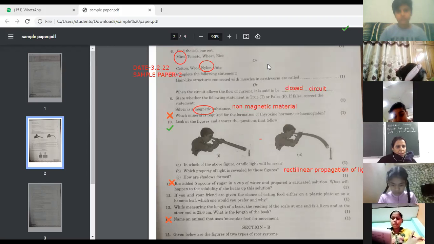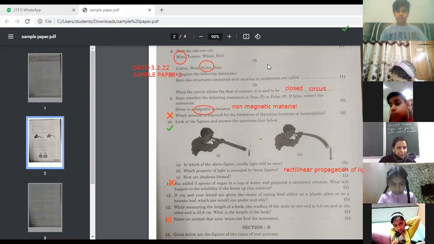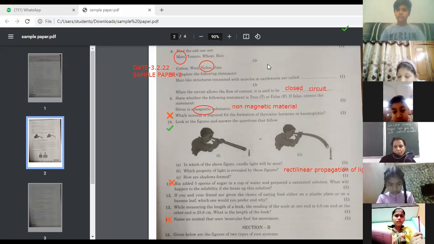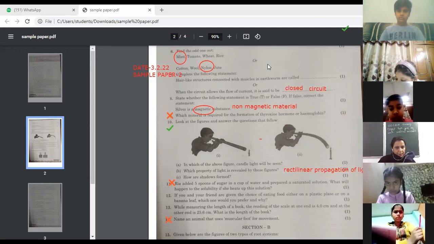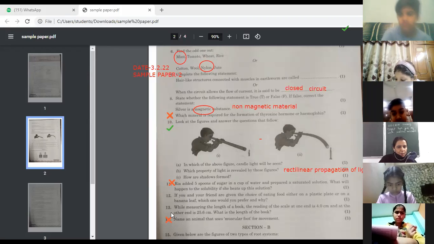So Saksham Sharma has given the answer that he will prefer banana leaf, because when disposed, it can be converted into manure by composting. And he doesn't want to use a plastic plate, because when plastic is disposed, it will be recycled also, but it produces harmful gases. So children, you need to write the answer to 12 yourself.